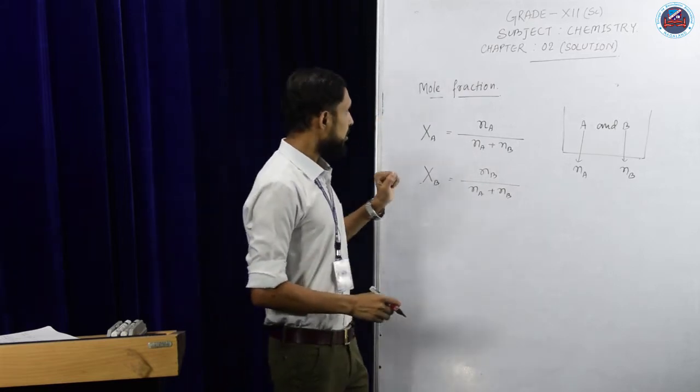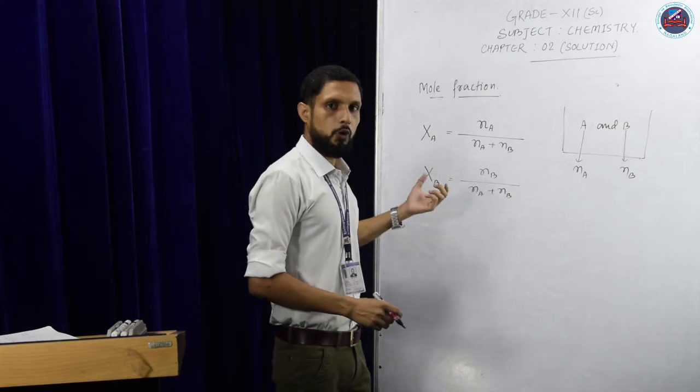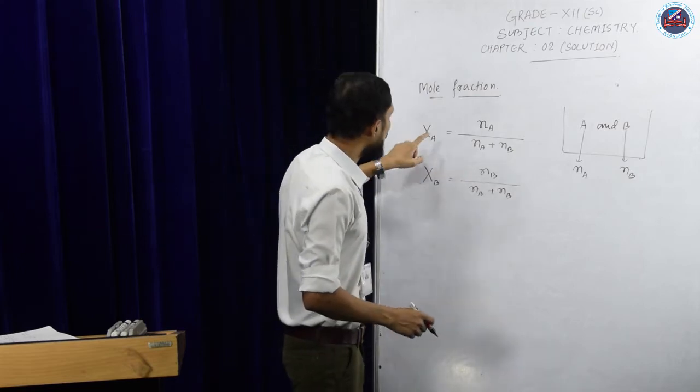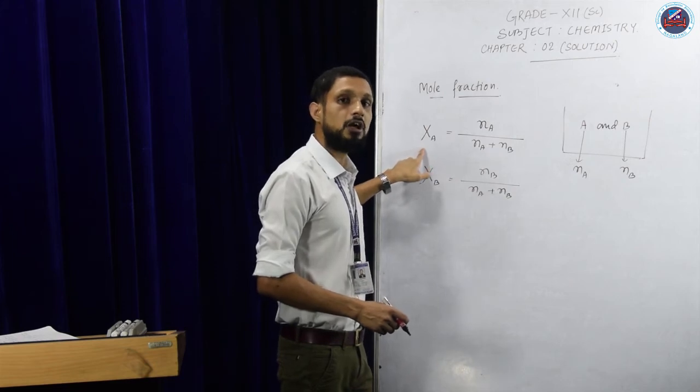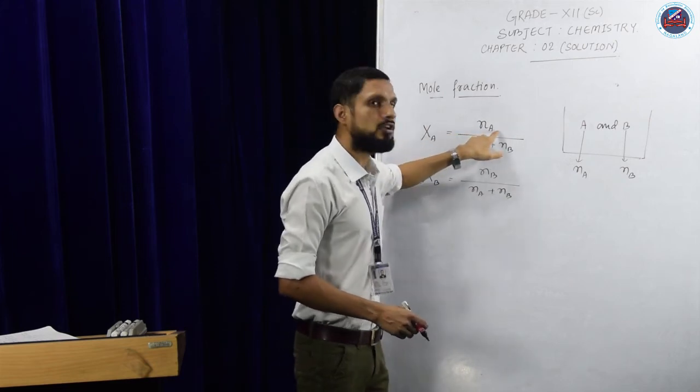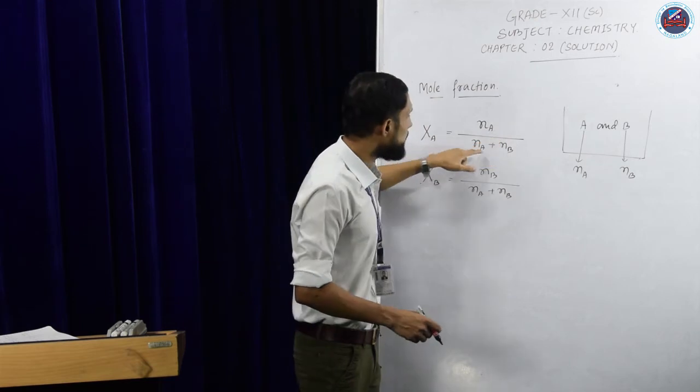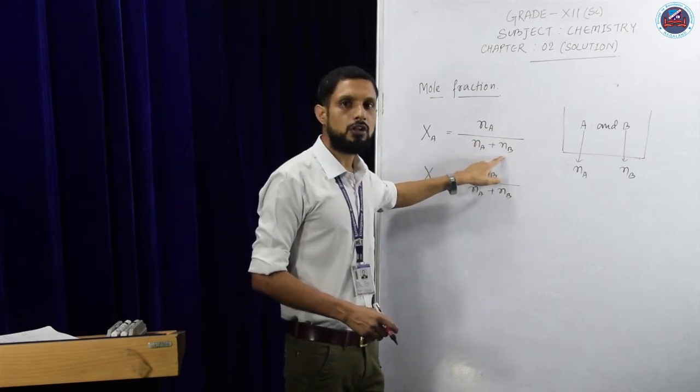So what we can see here, for the component for which you are going to calculate the mole fraction, the number of moles you will write in the numerator, and in denominator, you will write the total number of moles.